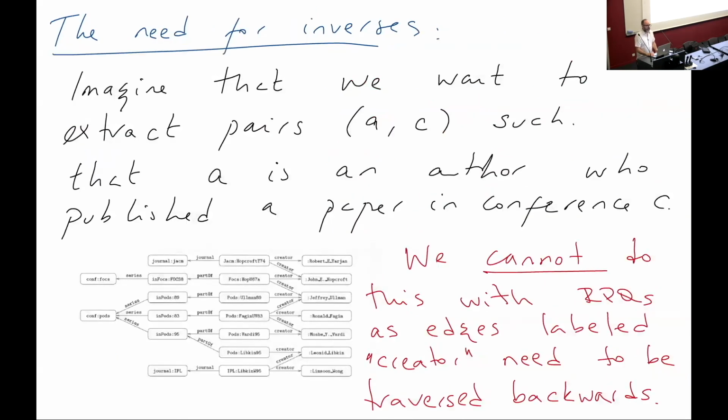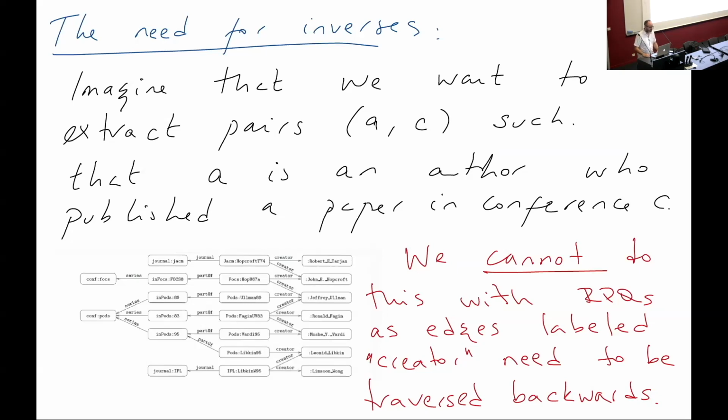Now, there is, of course, a need for inverses as well in this language. So far, we're only checking whether there exists a directed path that satisfies a regular expression.